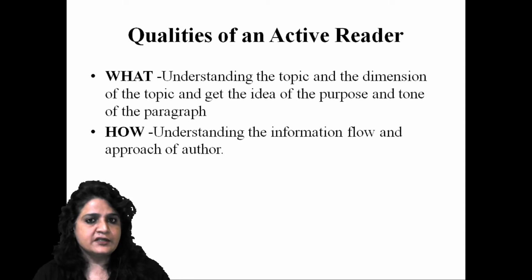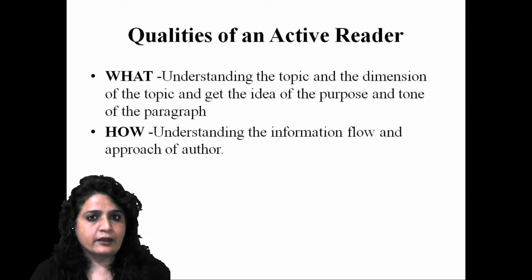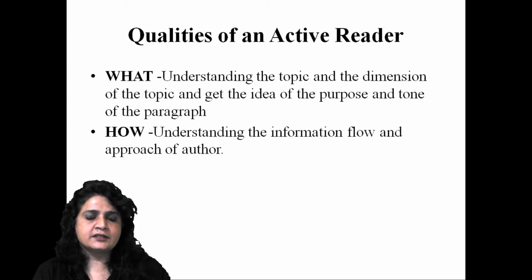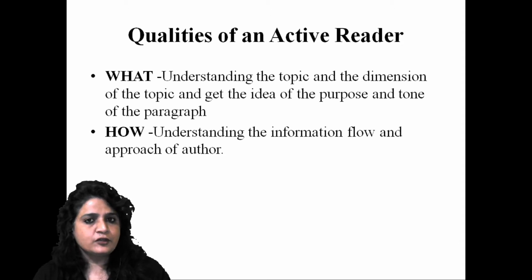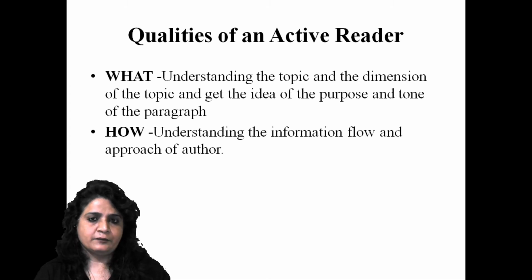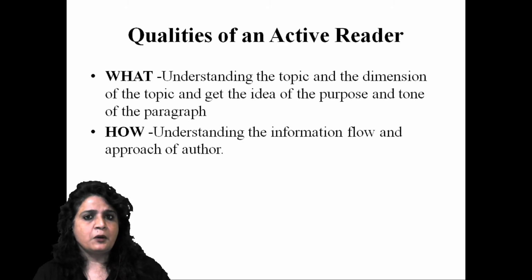That you have to understand very quickly. So when you read a piece of text, you have to understand what it is that the author wants to convey: the topic as well as which dimension of the topic is covered by the author. So if the topic is nuclear energy, which dimension of nuclear energy is the author covering?